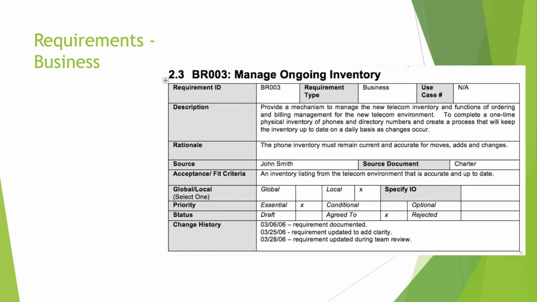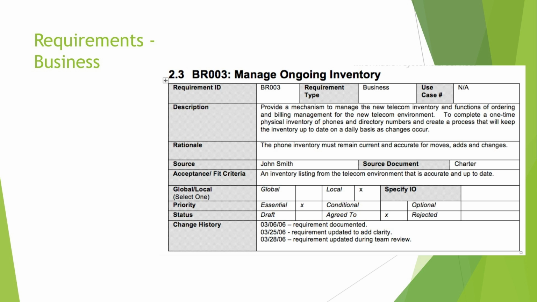Next is a description of the requirement. So this is to provide a mechanism to manage the new telecom inventory and functions of ordering and billing management for the new telecom environment. To complete a one-time physical inventory of phones and directory numbers and create a process that will keep the inventory up to date on a daily basis as changes occur.